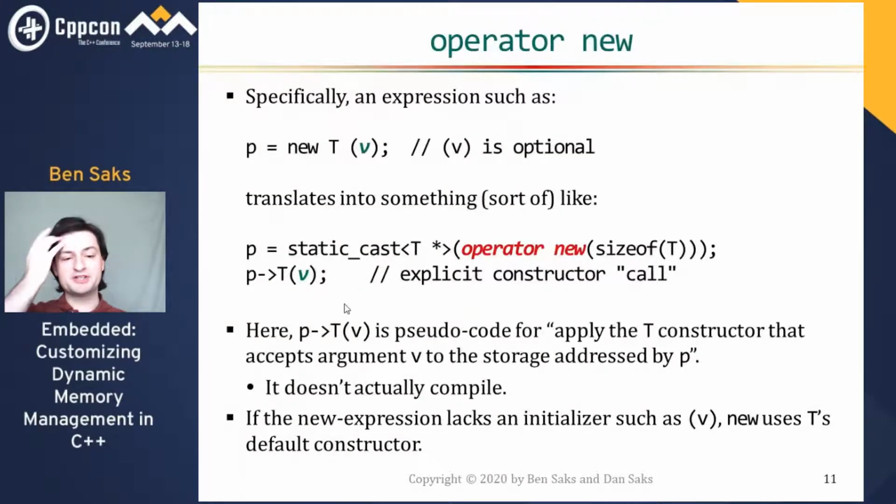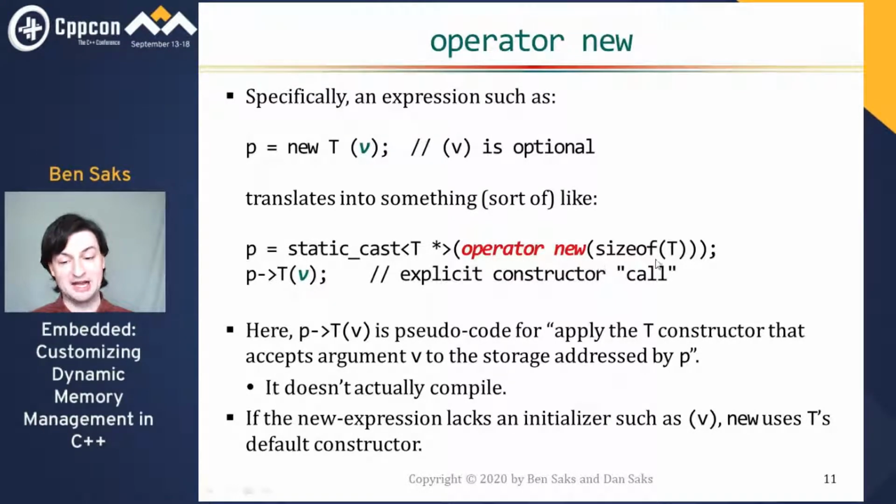So if you were to break down a new expression, look at what the compiler actually generates behind the scenes for a new expression, what you would see is that this new expression would translate into something that looks internally kind of like this. So this is step one, where we call this function called operator new.